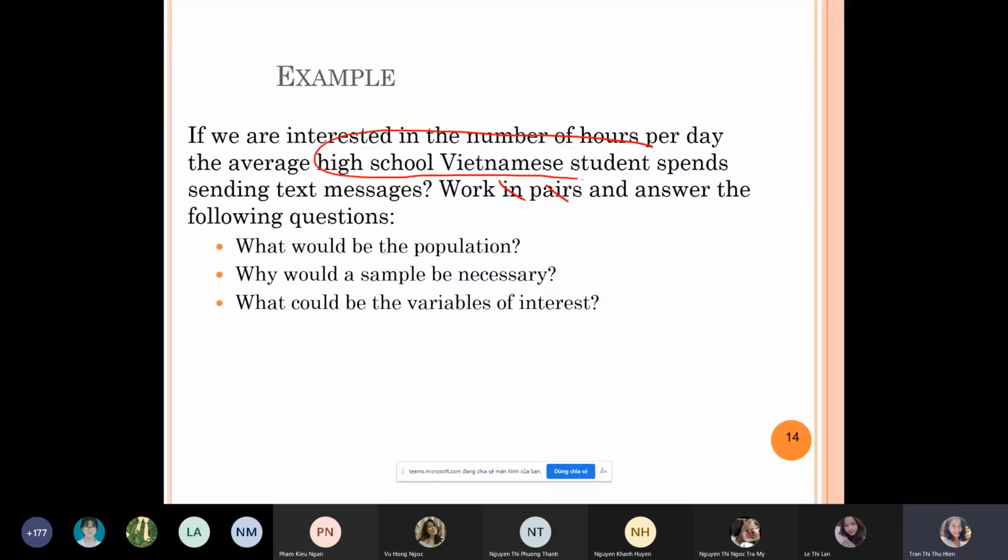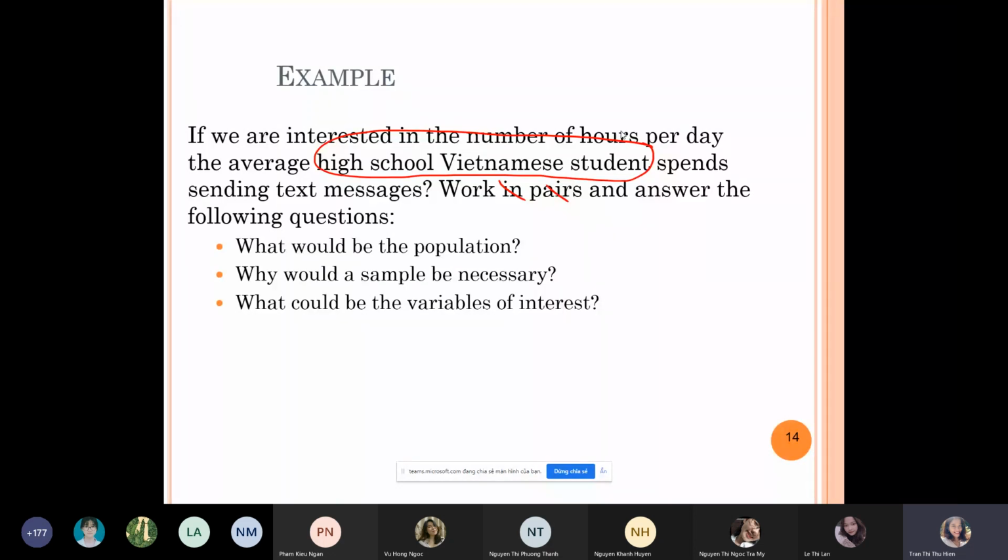So why could a sample be necessary? Can you collect all the data from high school Vietnamese students? No, it's too hard. It is impossible, right? So this is the reason why we have to collect the data from a smaller group.